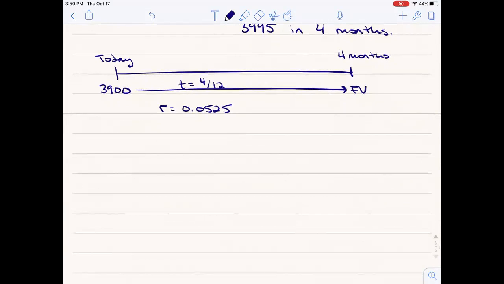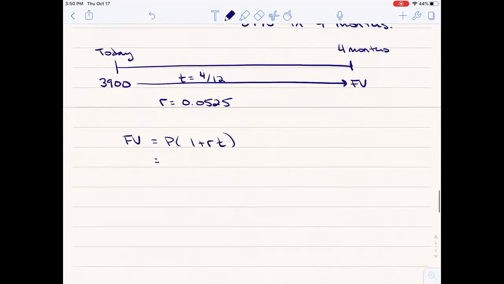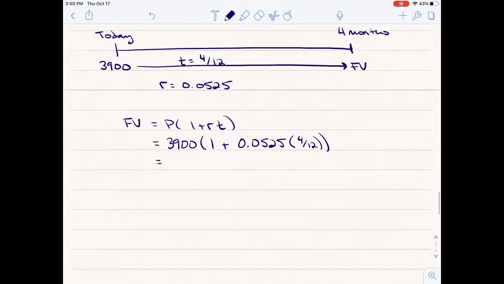And so now we can calculate the future value is P times 1 plus R times T. P is the value on the left-hand side, so 3,900. Times 1 plus R, which is 0.0525, times T, which is 4 over 12. So again, we have to deal with the multiplication, the 0.0525 times 4 over 12, before we can add it to 1.